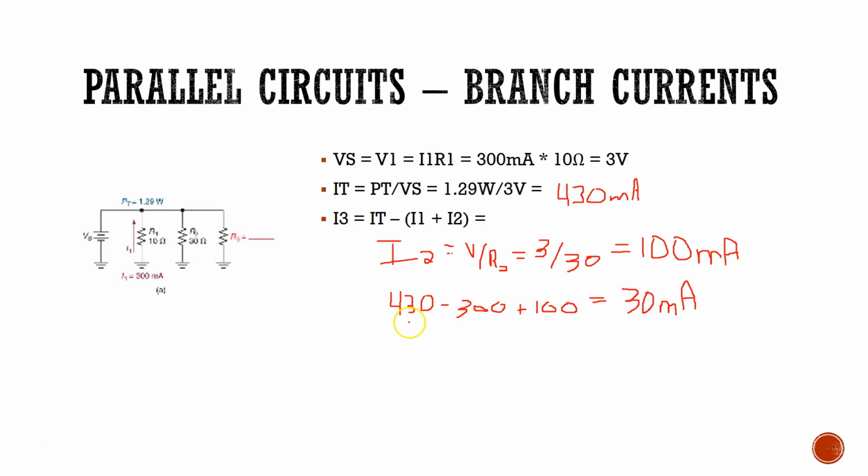So then I can take my total current and subtract out I1 plus I2, and we get a total of 30 milliamps left for R3. Okay, so using V over I, we solve for R3, 3 volts, 30 milliamps, and I think you'll find that gives you somewhere 3.3 times the size of R2. So the greater the value of the resistor, the lower the value of the current.